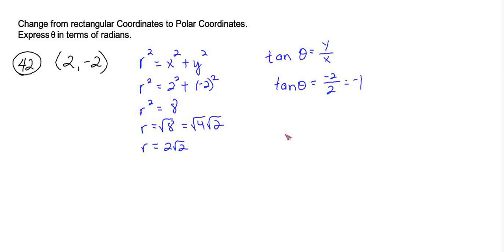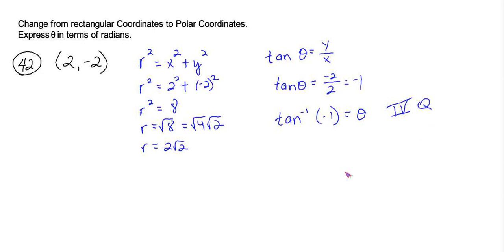So remember, what we're really finding is the inverse tangent of negative 1. That will give me theta. So of course we know that the reference angle for this would be pi over 4, because tangent of pi over 4 is positive 1. But we know which quadrant this is in. A positive x and a negative y is going to put us in the fourth quadrant. So let's write that over here, fourth quadrant.